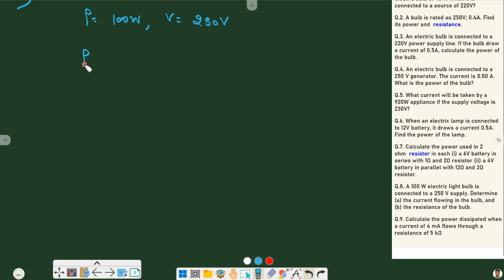So power is VI, which implies I is P by V, 100 by 250, and it comes out to be 4 by 5 ampere.